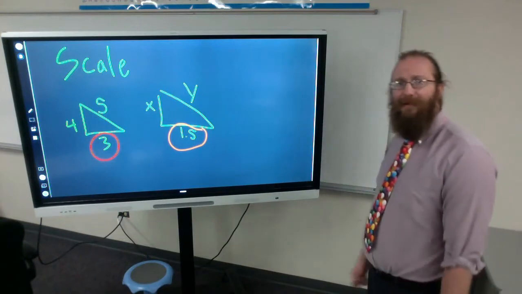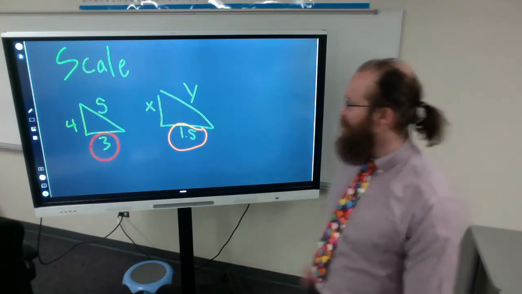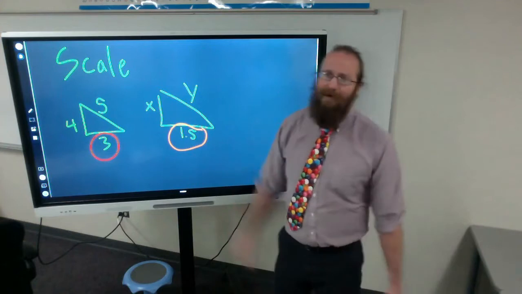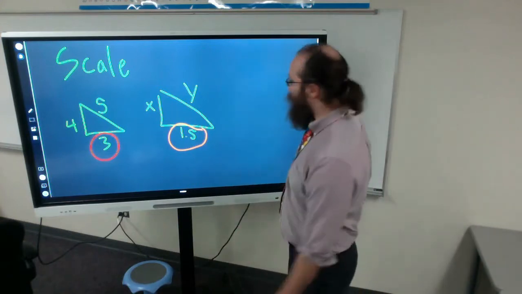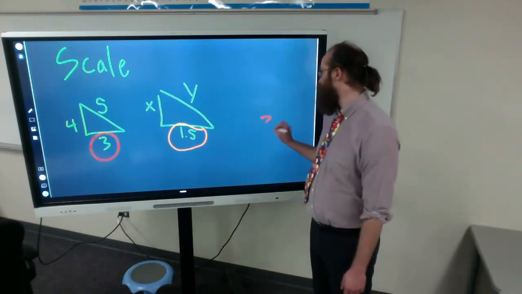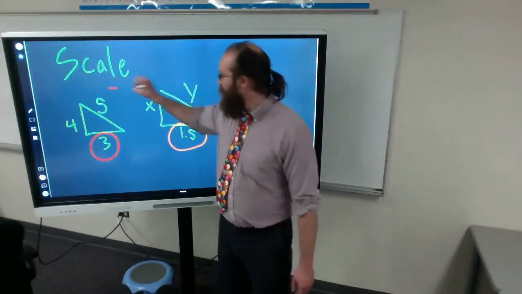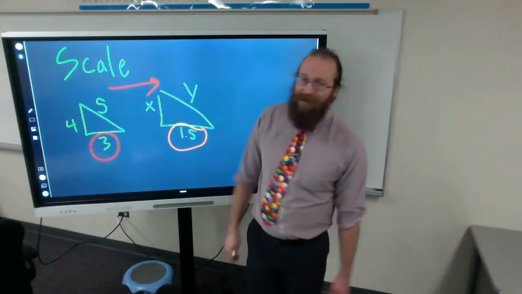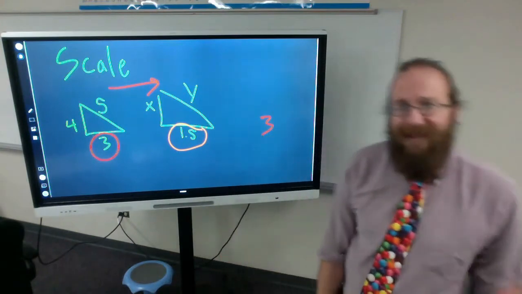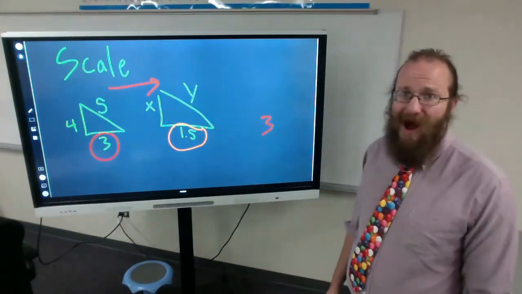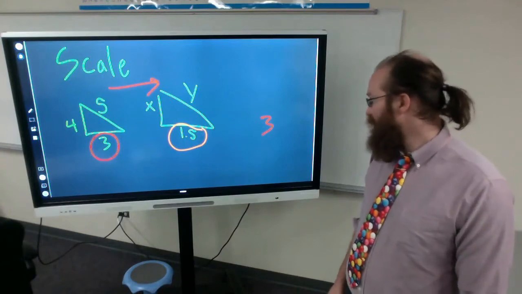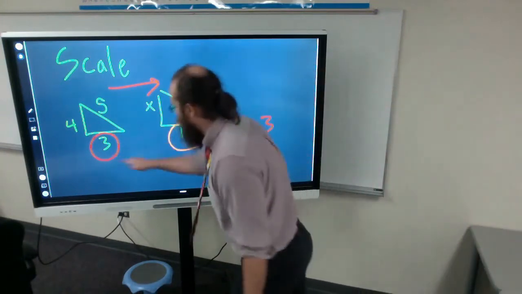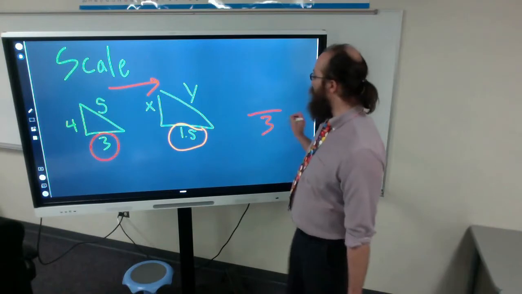They're on the same relative place of the triangle. We got 3, we got 1.5. We're going to go ahead and put 3 on the bottom. I am going from, doesn't look like it, but the bigger triangle to the littler triangle, right? Because I'm going to need to find out what x and y are. In this case, 3 goes on bottom and 1.5 goes on top.